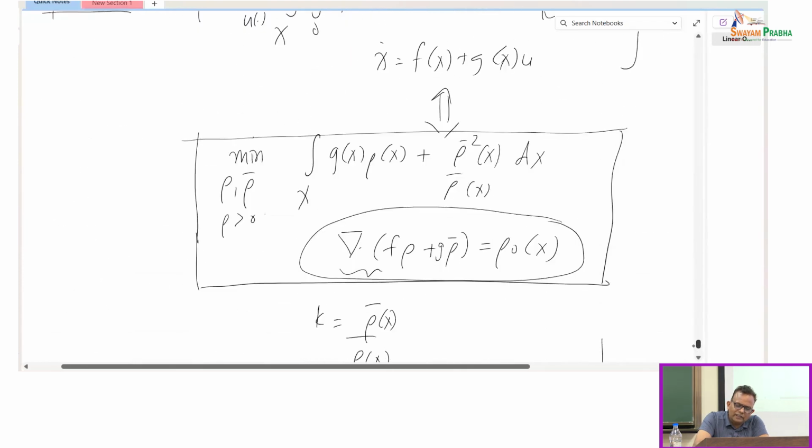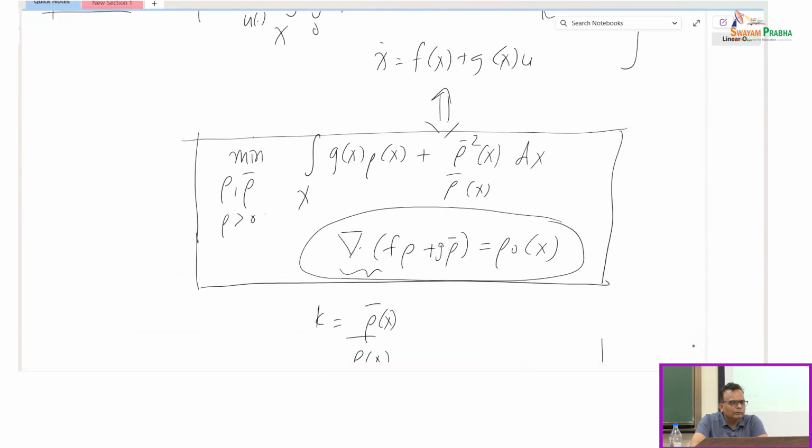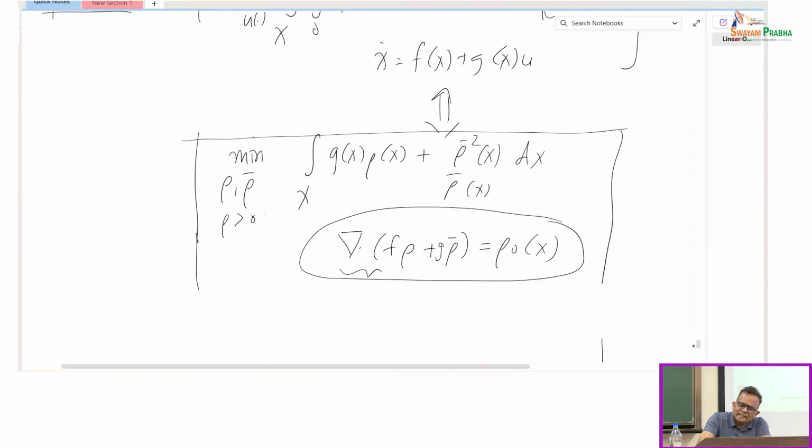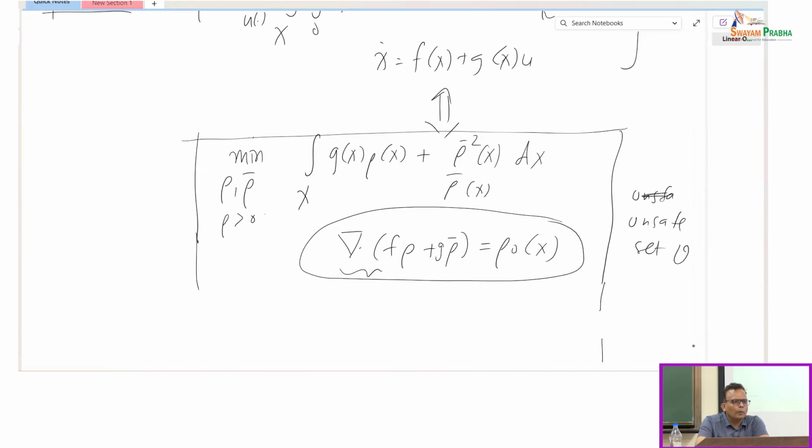So let's say I want to design this stabilizing controller in such a way that I avoid a certain region in the state space, some set O, where O is for obstacle.